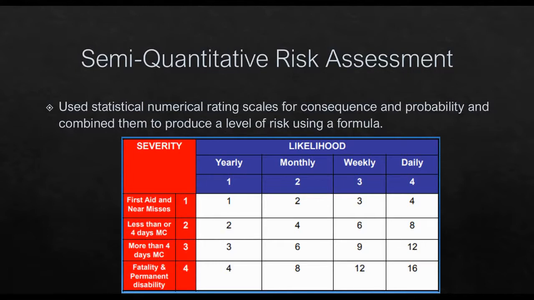Actually this assessment is done by a group, a group of inspectors. Because different people have different suggestions and opinions. So some people think that hazard likelihood might be monthly, but some people might think that the hazard incident might happen weekly, for example. So the decision of the assessment is not done by only one person.